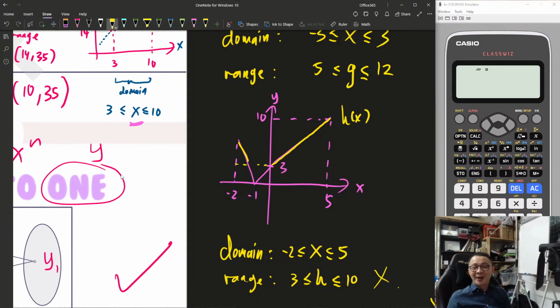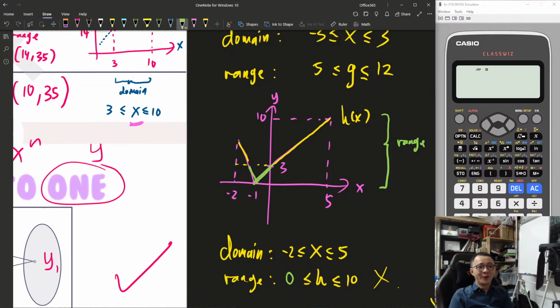But in fact, you still have a small part over here, isn't it? At the bottom, below 3. So therefore, your range over here is actually from 0 all the way to 10. Because my range should be everything of my graph, isn't it? This is my range. The y is from 0 all the way to 10.